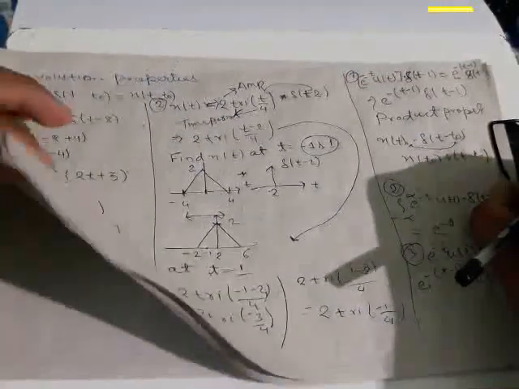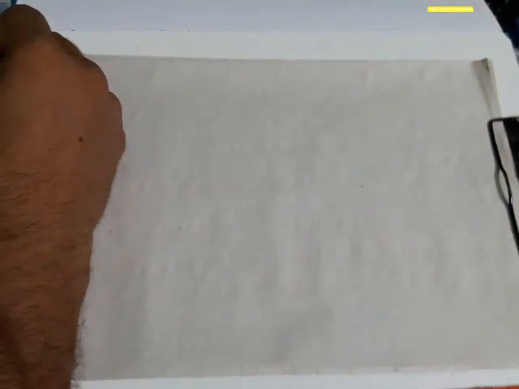Now we have to differentiate. For differentiating, this should be changed to delta of t minus 3.